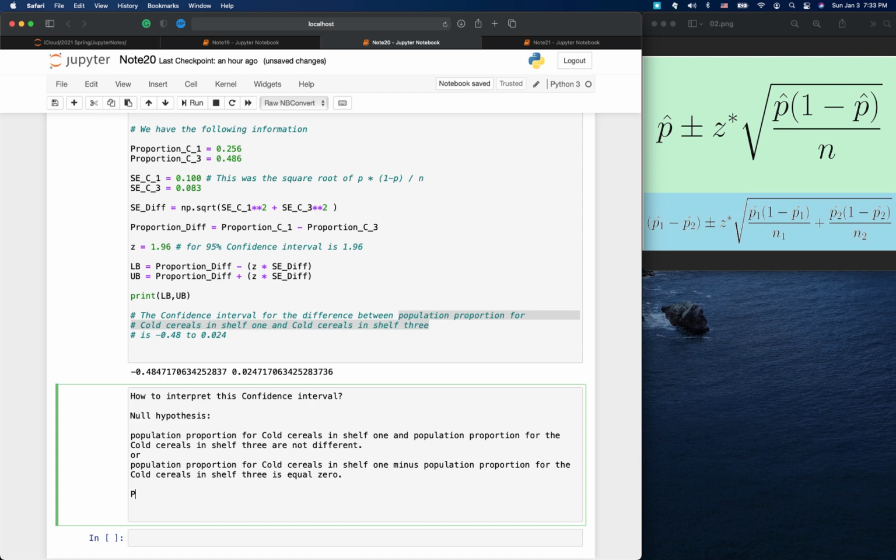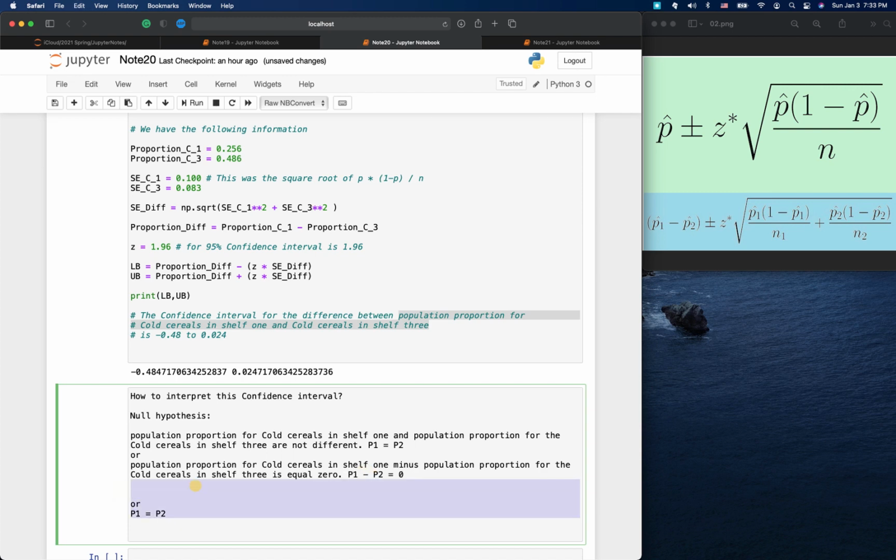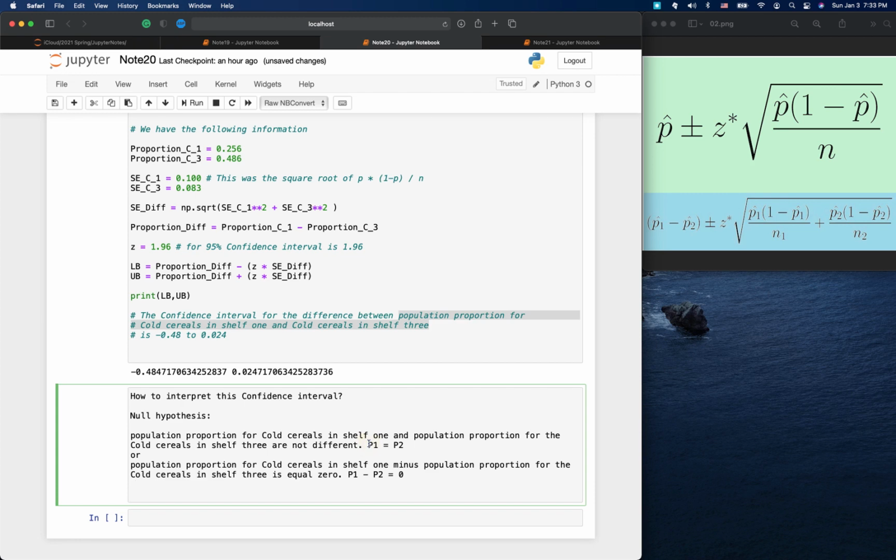So you can imagine like this, P1 minus P2 is equal to 0, right? Or P1 is equal to P2. So when I say are not different, it means this one. When I say the difference is 0, it means this one. Correct?